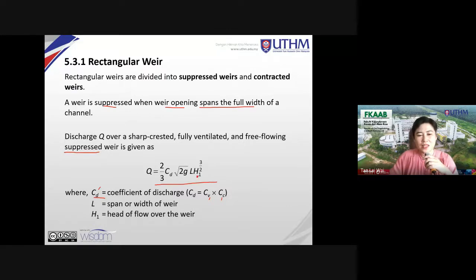H1 is the height of the water measured from the crest of the weir to the free surface. L is the width of the weir opening. If it's suppressed, it should be equal to the width of the channel.